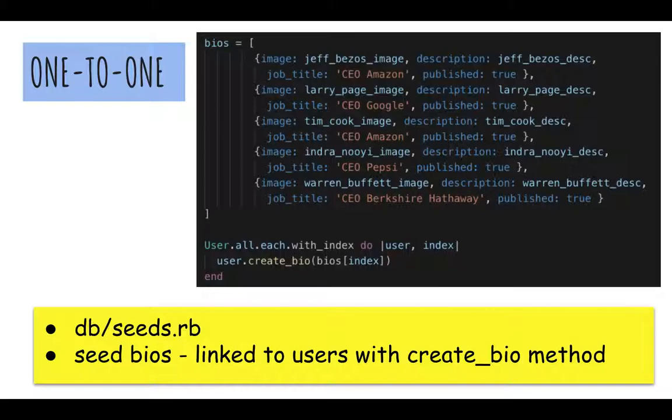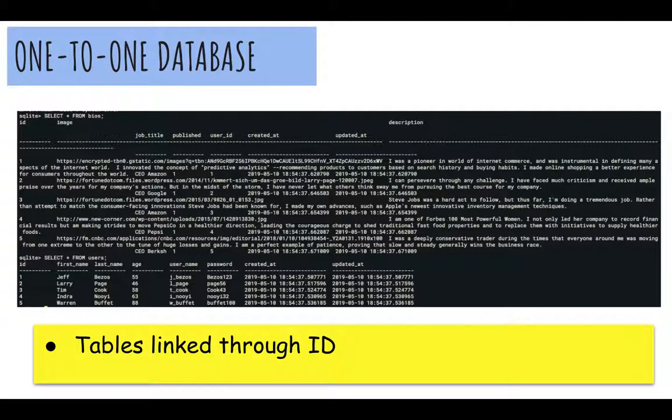So create bio is a method which we can call on each user, and we use the bios index because I've arranged this array of objects in the same order as the users. So these bios will be assigned to the correct user. So this gives us a one-to-one database relationship.